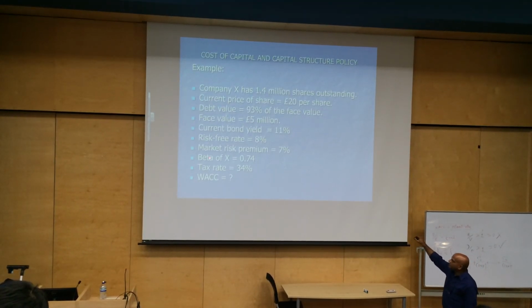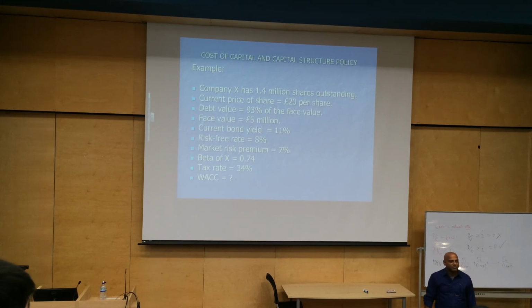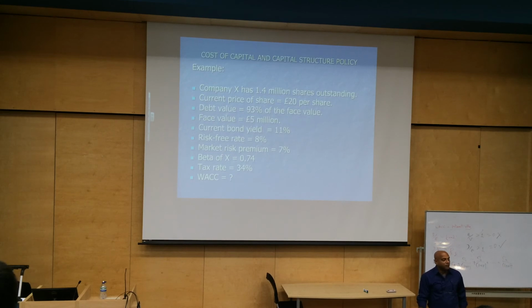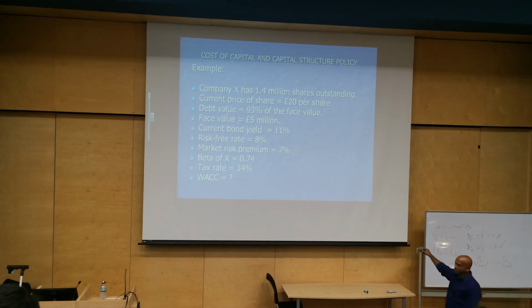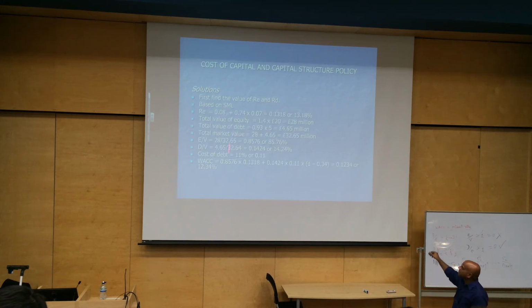Why am I giving you the beta, market return, and risk-free rate? The expected return. You have to calculate the cost of equity first. Cost of debt is given. Cost of equity has to be calculated first, because I'm not giving it to you. First find the value of RE and RD.